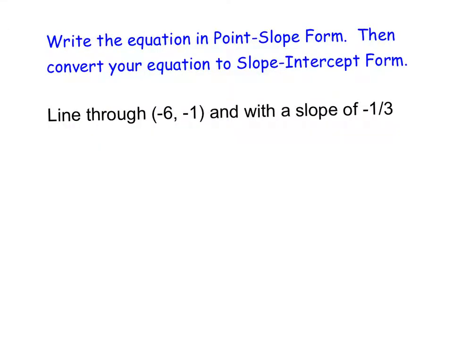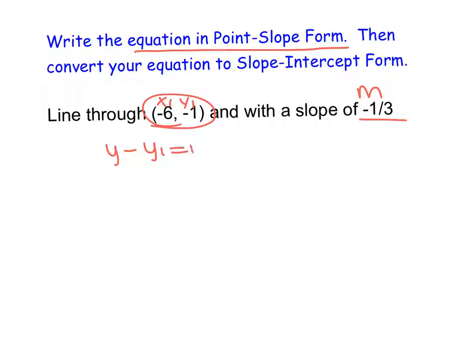Here our instructions say to write the equation in point-slope form to start. Notice that we have a point and a slope. We have x1, y1 as our point, and we have m as our slope. We start with point-slope form, which is y minus y1 equals m times x minus x1. We start by substituting in x1, y1, and m.